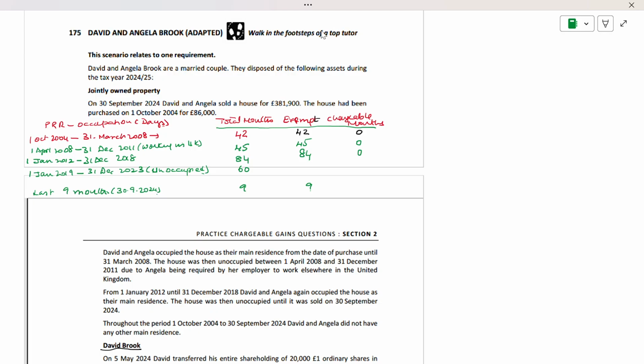Keep it in mind, this is one. This is occupied. This is working in UK. Is it right? And up to 48 months, 4 years of absence working elsewhere than UK is exempted. Make it a point, this is up to 4 years.